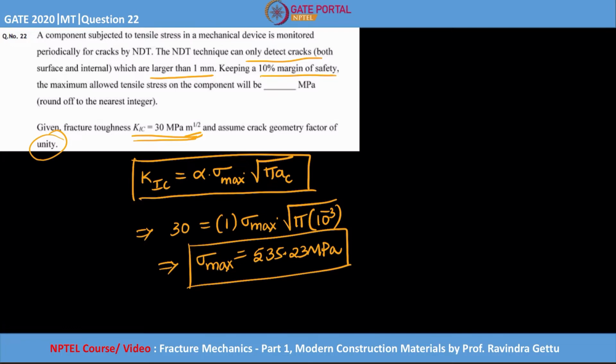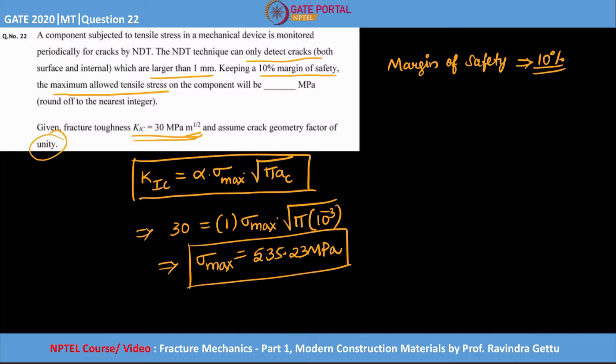So we got the maximum stress, but is this the answer to the question? No. Of course, they are asking to calculate the maximum tensile stress, but what is the maximum allowed principal stress with this particular margin of safety? Here there is a 10% margin of safety. So, in consideration of the margin of safety, what is the allowable maximum tensile stress?